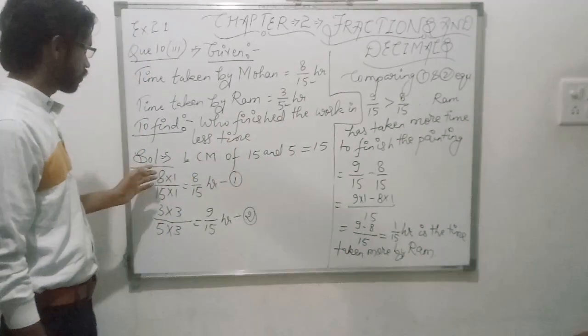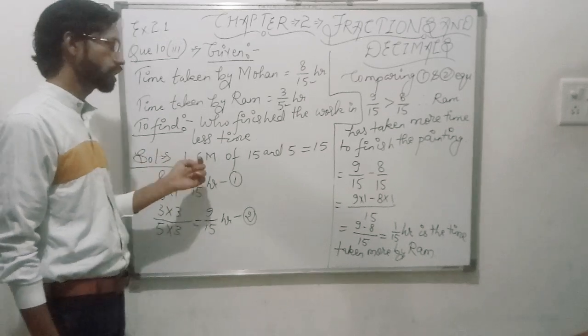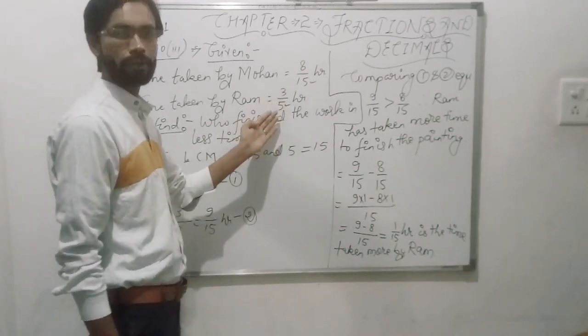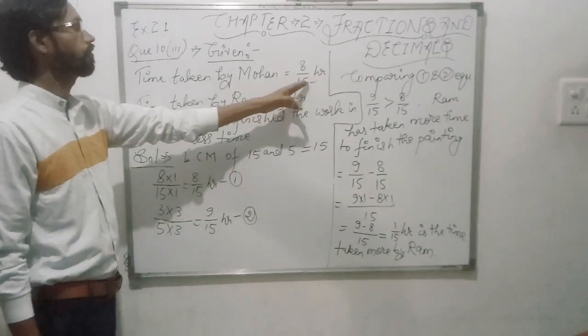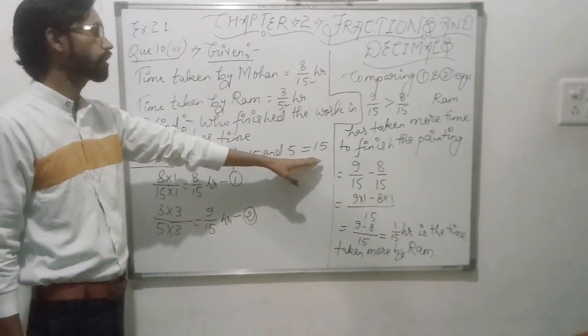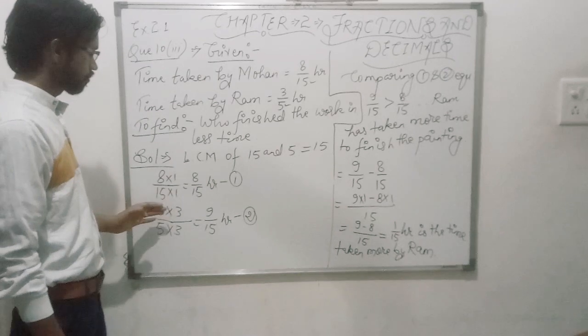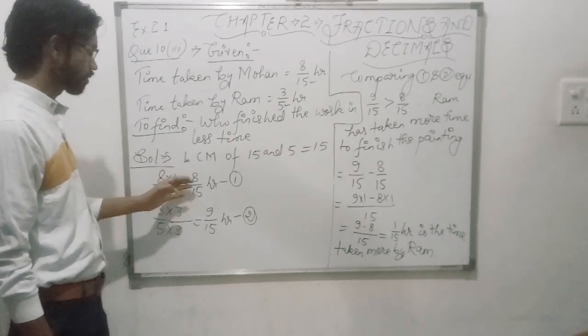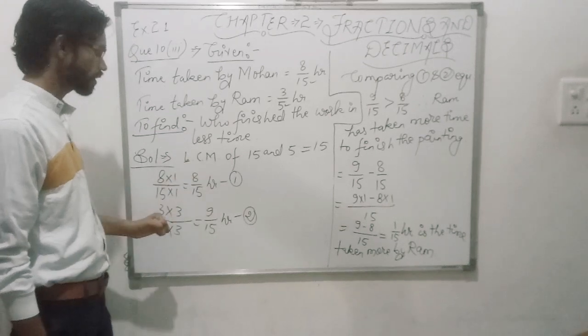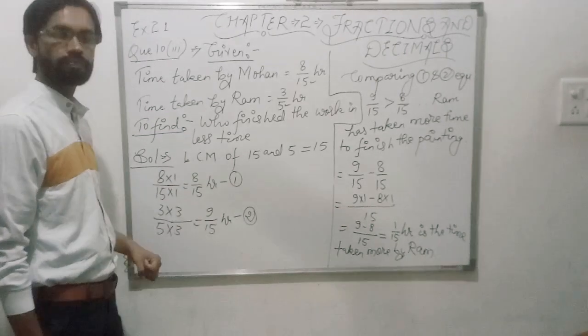We have taken the LCM because we need to make the denominators the same, like fractions. So the LCM of 15 and 5 is 15. Then 8 upon 15 is the first fraction and 9 upon 15 is the second fraction.